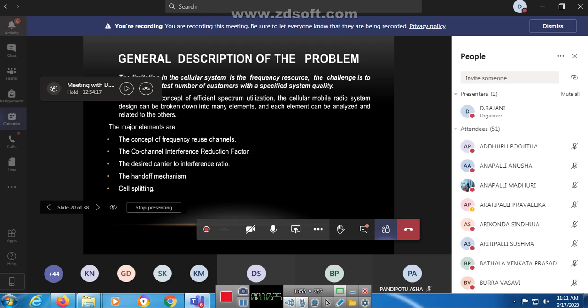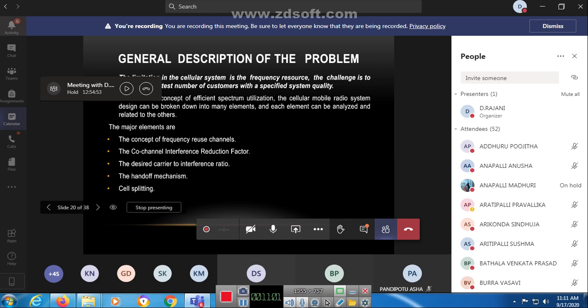First, the basic major element is the frequency reuse concept. What is the handoff? I already explained the terms. When the cell moves from one place to another place, at that time the handoff will occur.